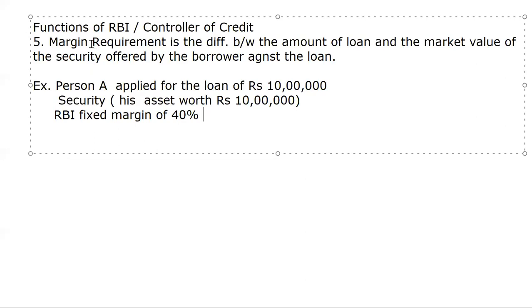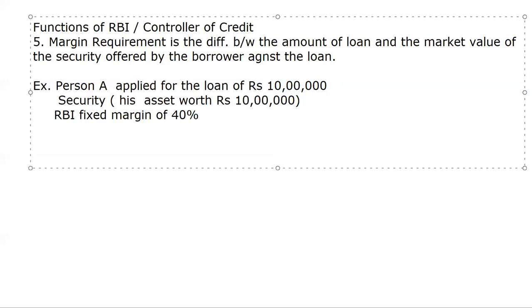Margin requirement is the difference between the amount of loan and the market value of the security offered by the borrower against the loan. So you could see, against this loan for which person A has applied for rupees 10 lakh, margin has been fixed at 40%.